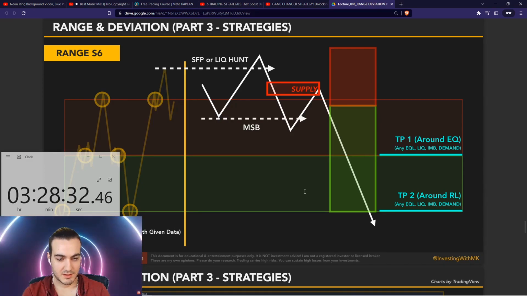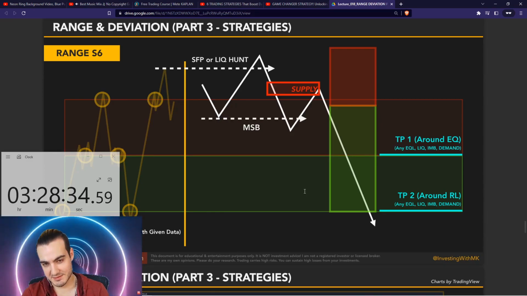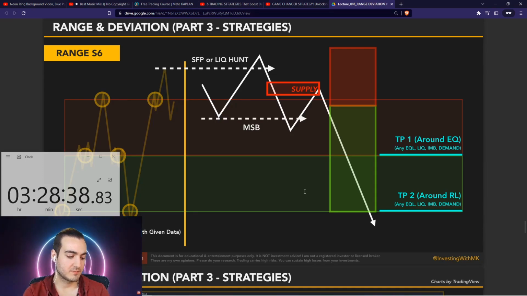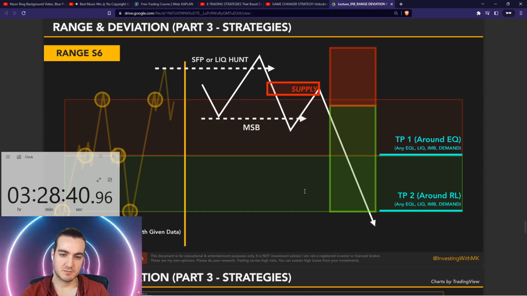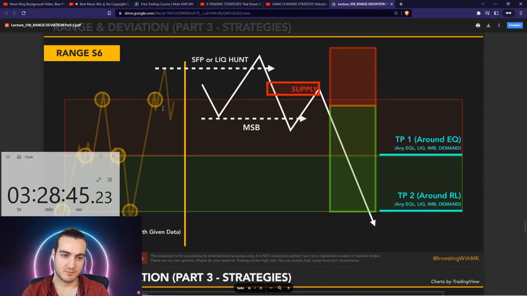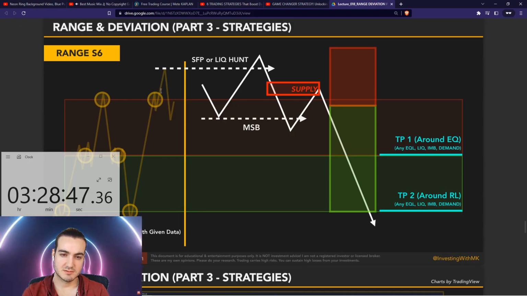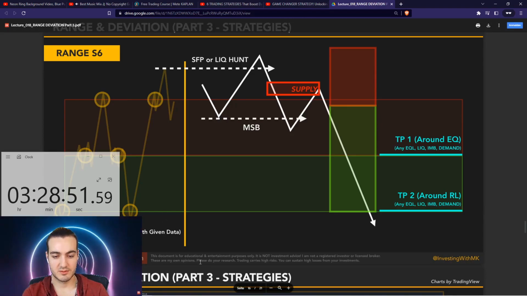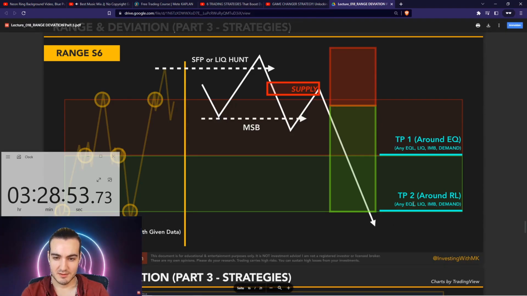So the catalyst for the 6th strategy is a swing failure pattern, and it looks like it's something we're looking for either at the top of the range or at the top of a deviation, or the bottom of deviation. You get the idea.